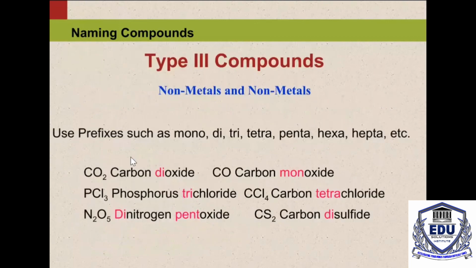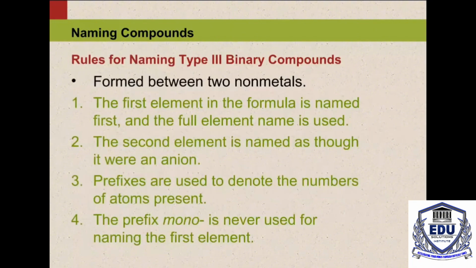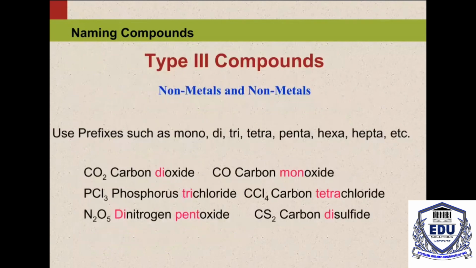Alright. Now, in addition to using the different ion amounts, we could use prefixes to identify how much of each atom is there. So an example like carbon dioxide: the di before the oxide represents that it is 2 oxygen in this compound, right? Or carbon monoxide, the mon represents that we only use 1 oxygen in this compound.